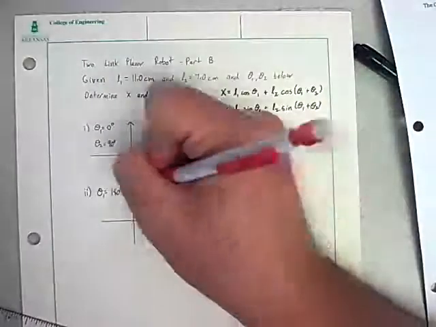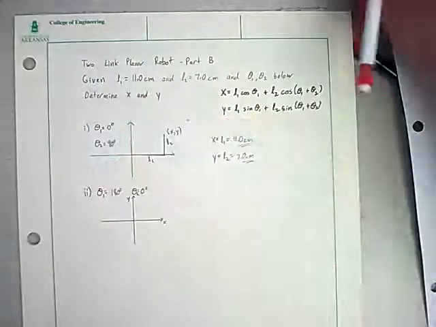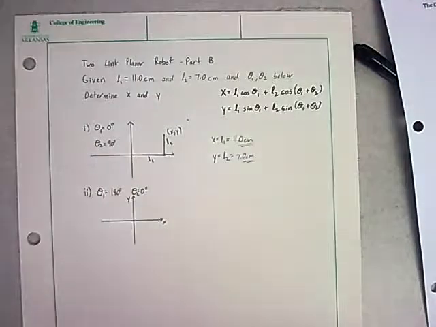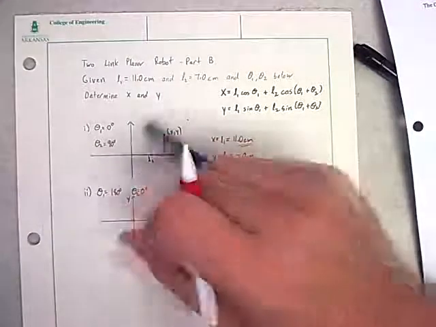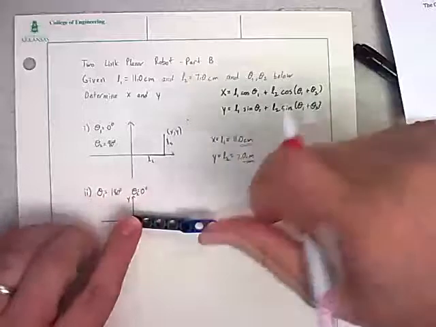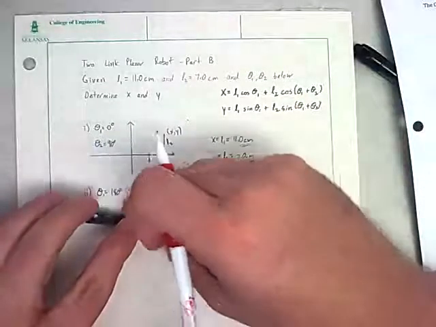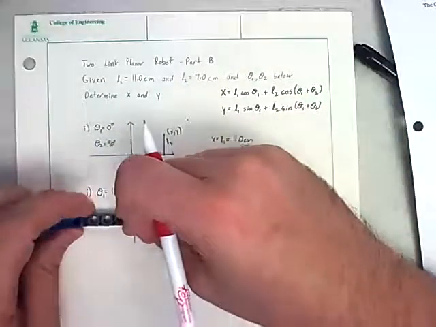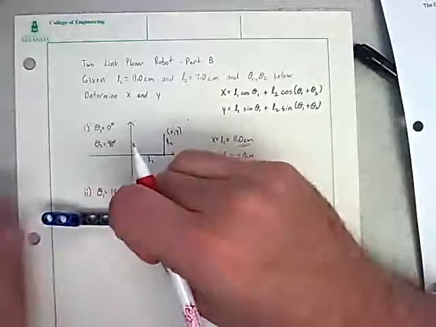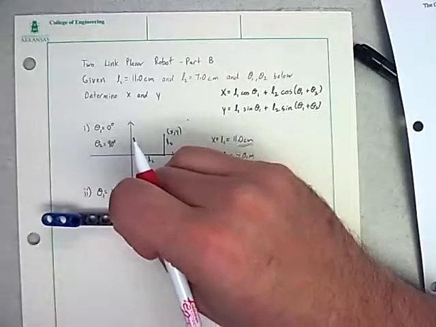This is the positive x direction, that's the positive y direction. Start with the gray one. The gray one is at 180 degrees, so it's going to be pointing directly that way. Theta 2 is the blue one. It's at 0 degrees, so it's going to stay along that same line of action.